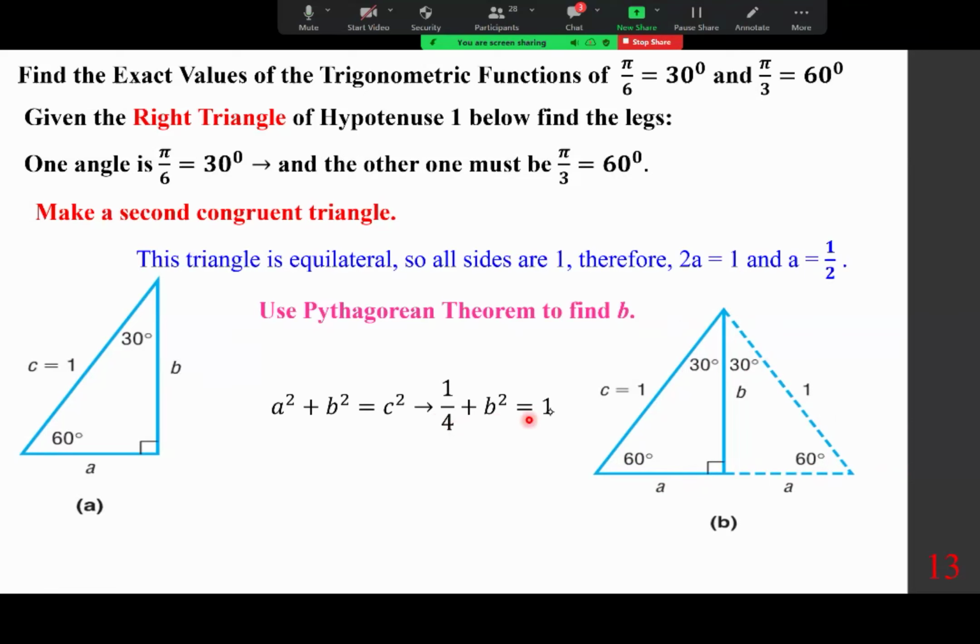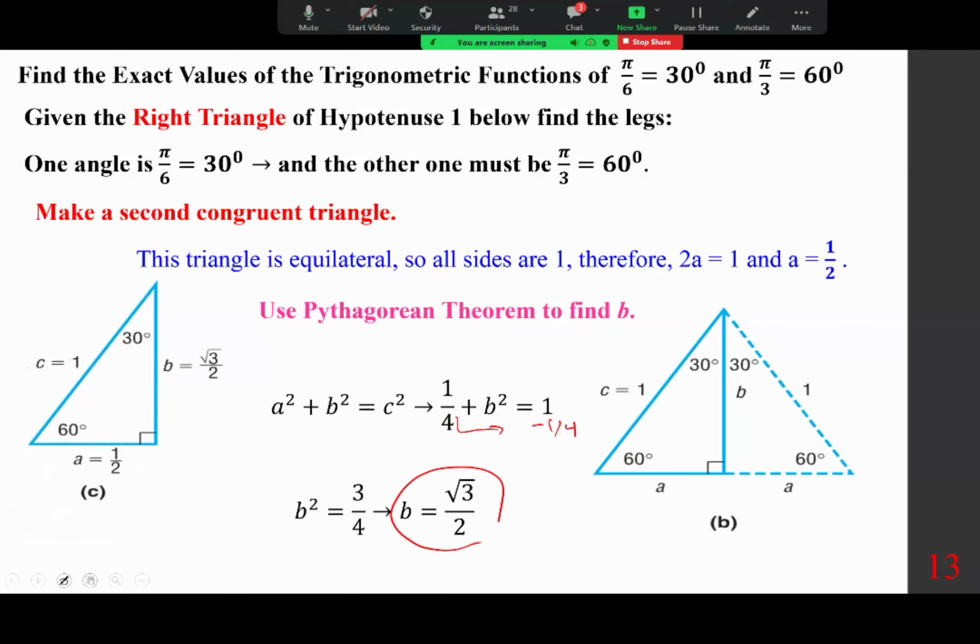If you subtract 1/4 from 1, you get 3/4. B squared is 3/4. And B is the square root of 3 over the square root of 4, which is 2. So B is square root of 3 over 2. And so let's put it down. Now we found this side to be 1/2, this side to be square root of 3 over 2.